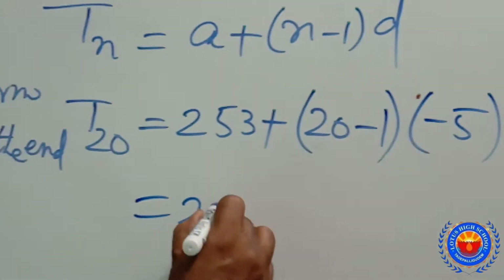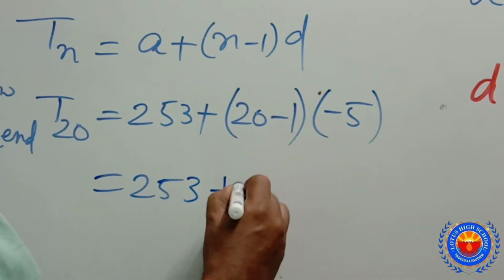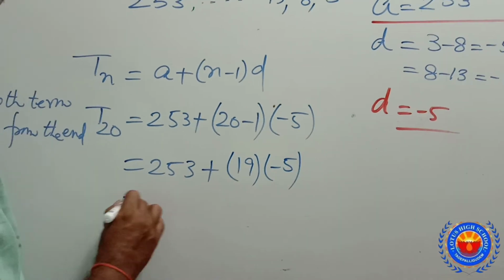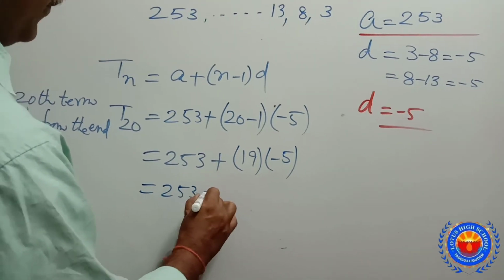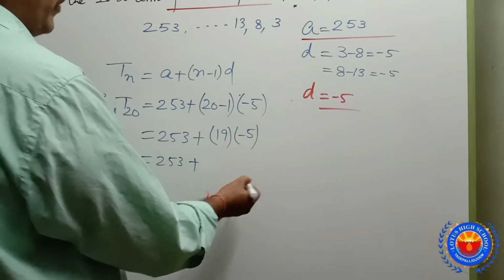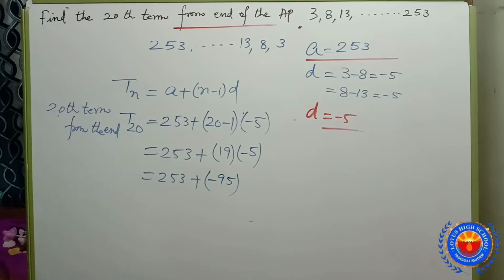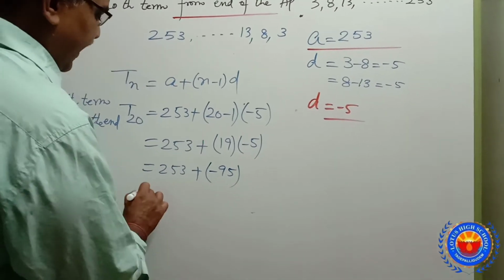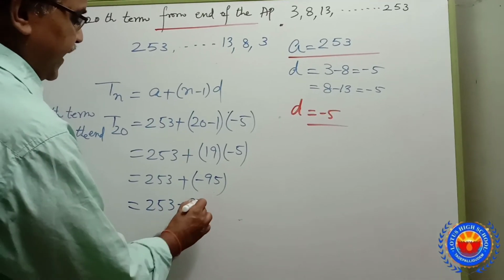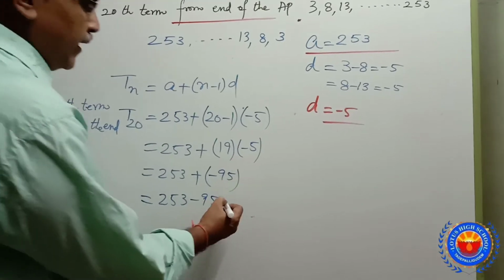That equals 253 plus 19 into minus 5. 19 into 5 is 95, so this is minus 95. 253 minus 95.